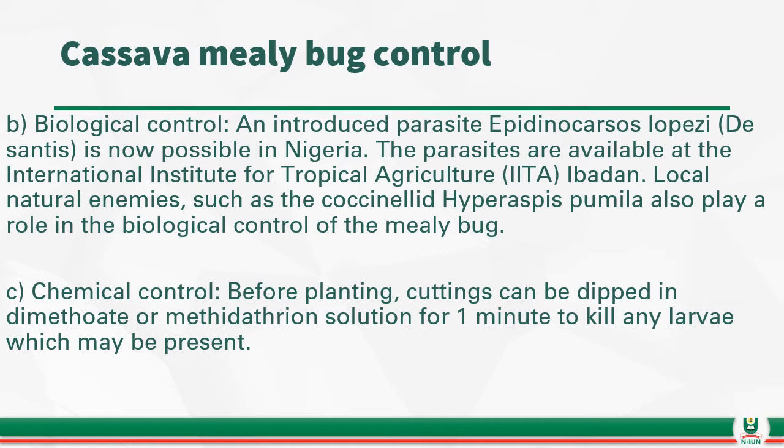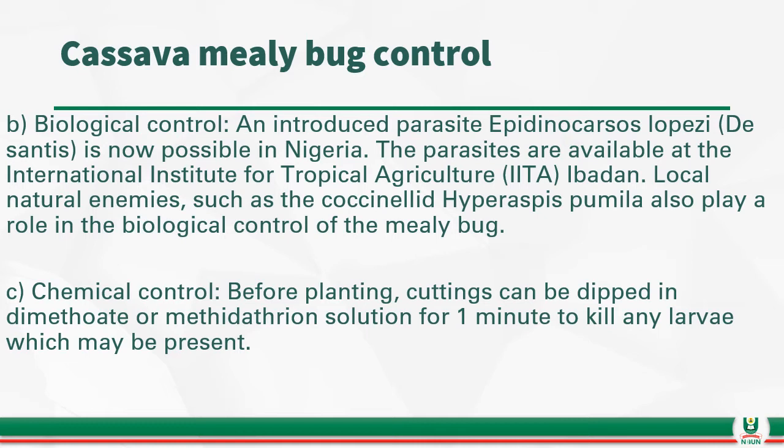So the parasite that you can release or introduce is called the Santis, and it is possible, of course, in Nigeria. The International Institute for Tropical Agriculture has already practiced it and has used this method. So, introducing local natural elements also plays an important role in the biological control of the cassava mealybug.